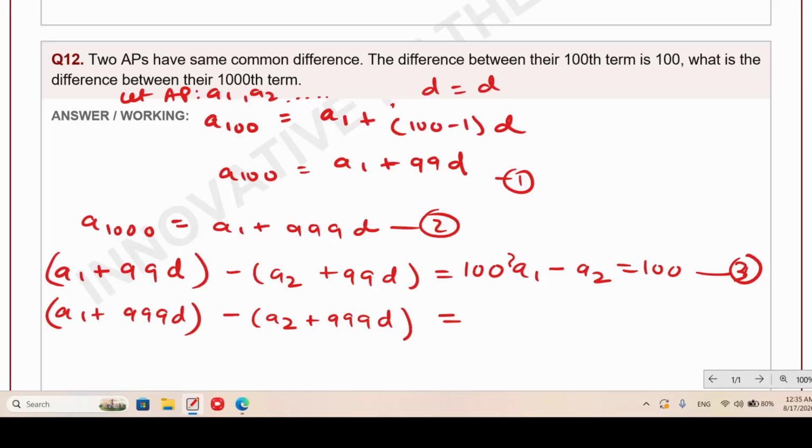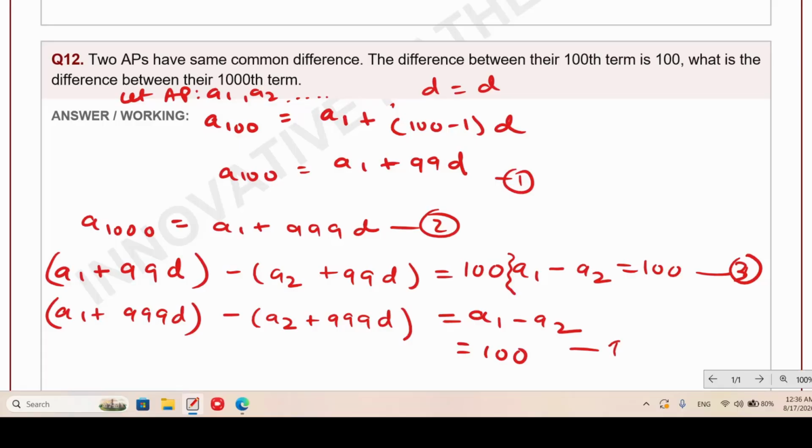So this one is A1 minus A2, so this one is again A1 minus A2. Understood what I'm saying? So A1 minus A2 is 100 and again A1 minus A2 is 100. Okay. So A1 minus A2 is 100. We will put here 100.